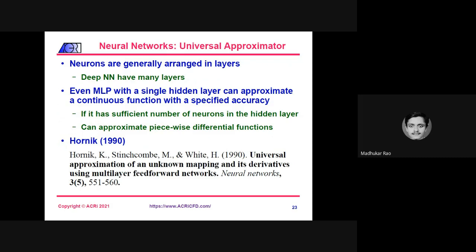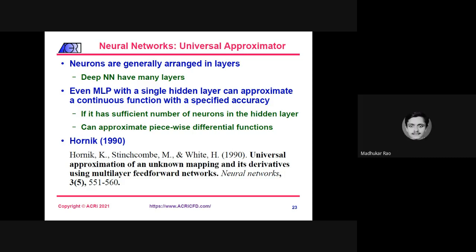As a universal approximator, you will find that neurons are generally arranged in layers. Deep neural networks have many layers. Even a multi-layer perceptron with a single hidden layer can theoretically approximate a continuous function with any arbitrarily specified accuracy. That is the mathematical property; it has been proven. Under certain conditions, it can also approximate piecewise differentiable functions.